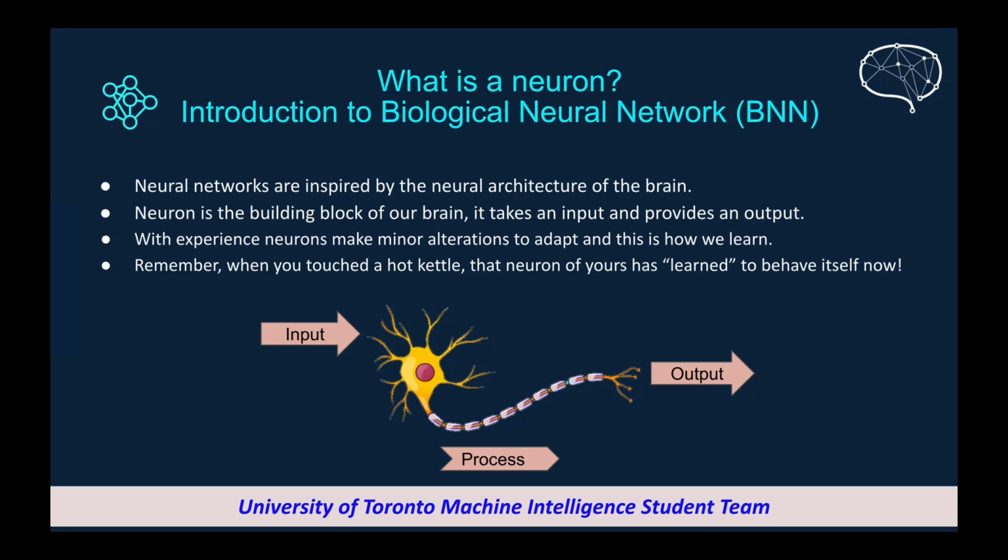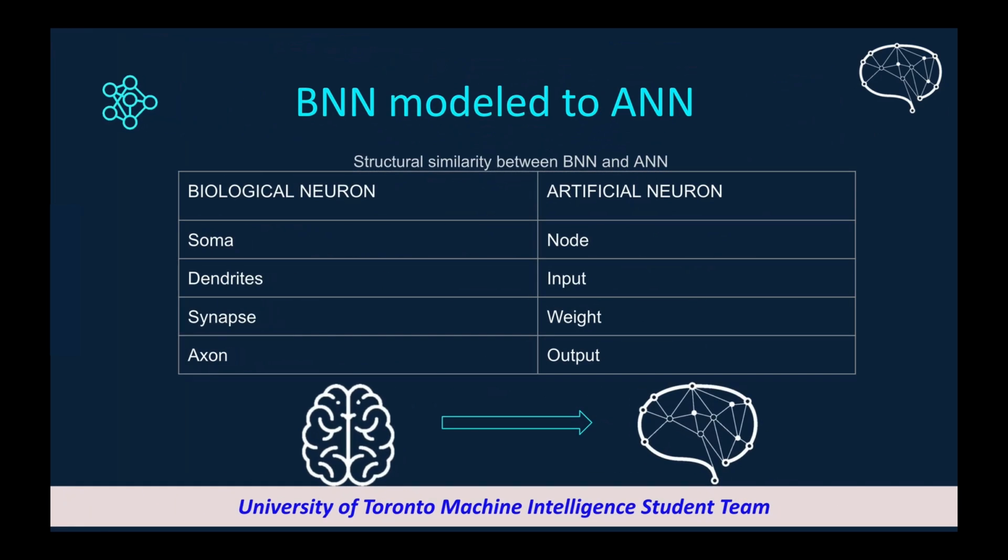So this entire concept is the biological neural network. And the neural network we saw previously was called the artificial neural network, and it is completely built upon the idea of the biological neural network. Let me make it simpler for you and give it to you in tabulation form. So soma, which is also called the cell body, relates to the node, as the node provides input signals similar to that of dendrites.